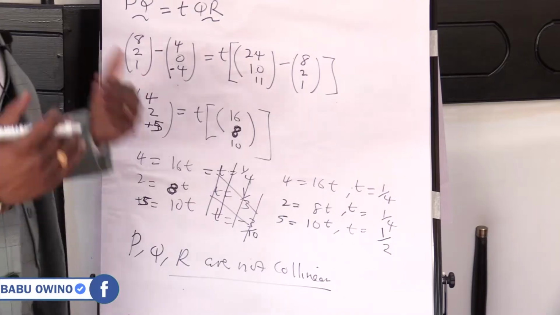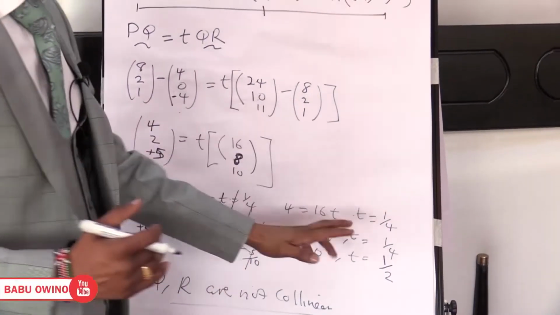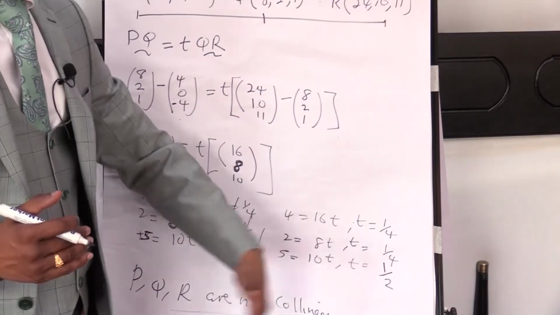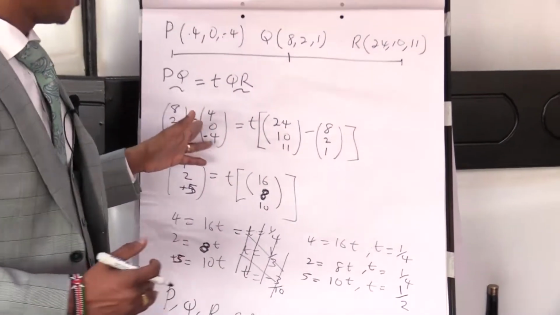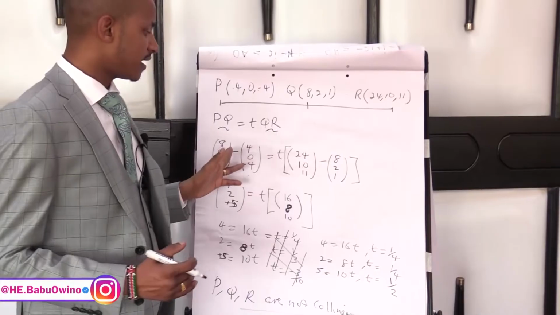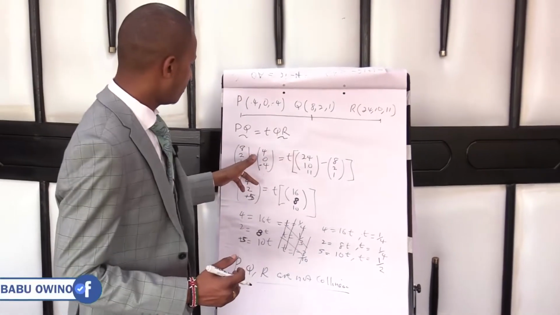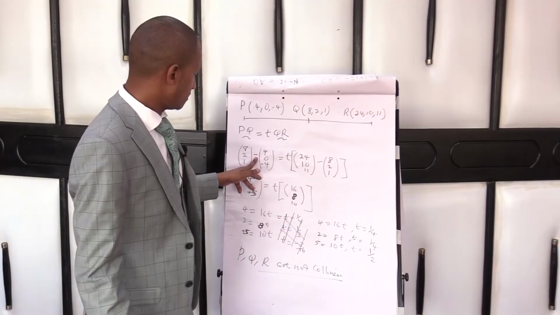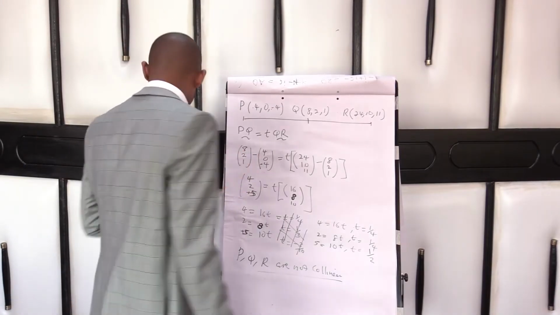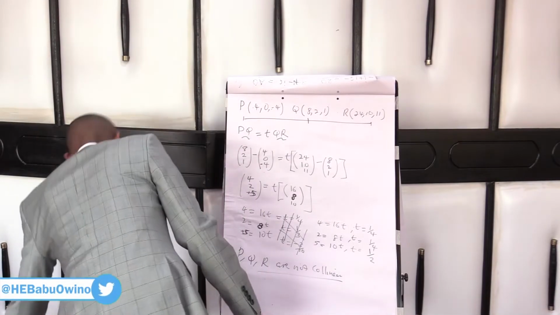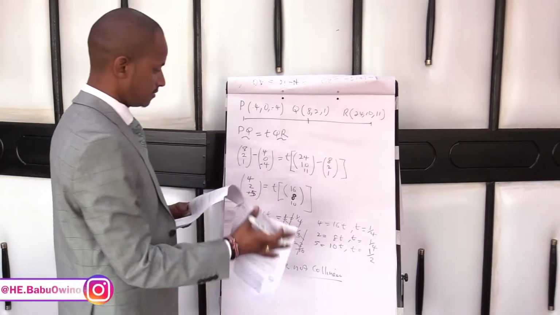But you have to keep on checking, because suppose you get that they are not collinear, you have to go through your work again to confirm, because you can make a mistake with the signs. So the signs matter a lot. So the points are still not collinear.